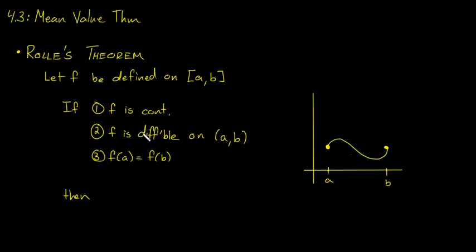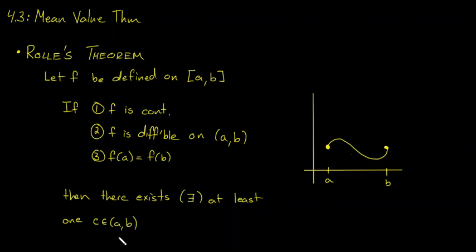If this is true and f of a equals f of b, then, here we go, there exists. Anybody remember the shorthand? Backward capital E. If these three criteria are met, then there exists at least one c value in the interval from a to b.